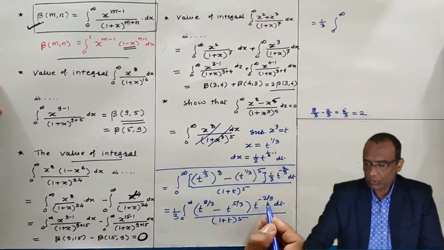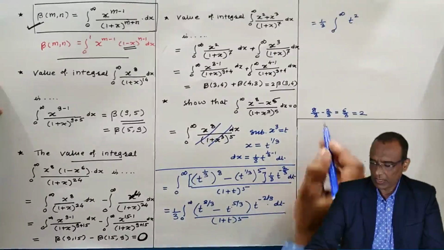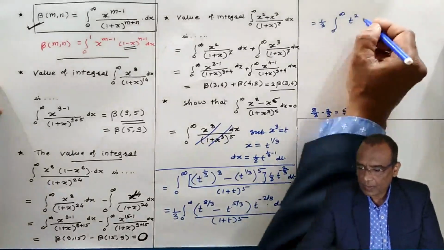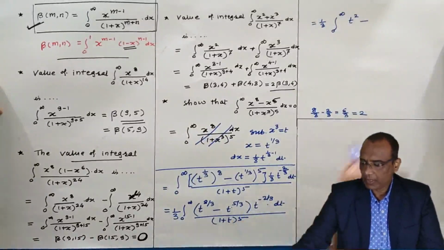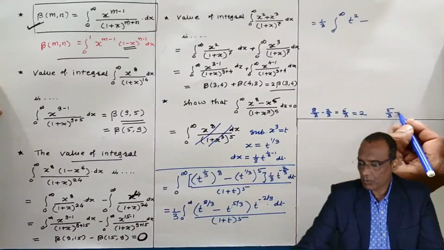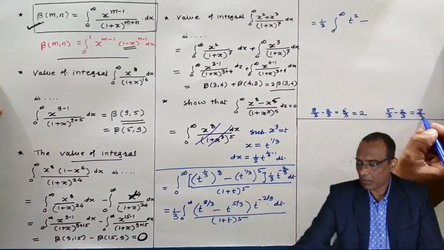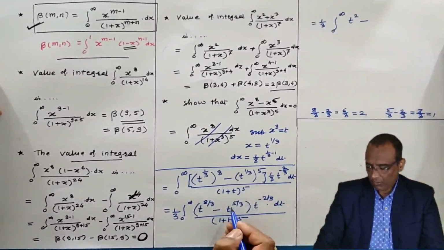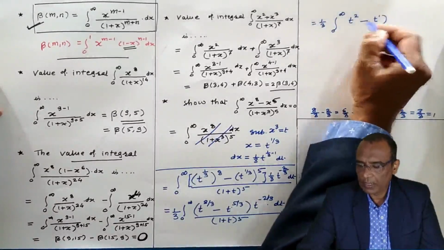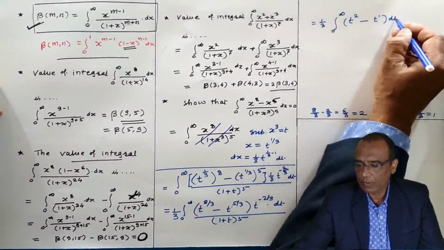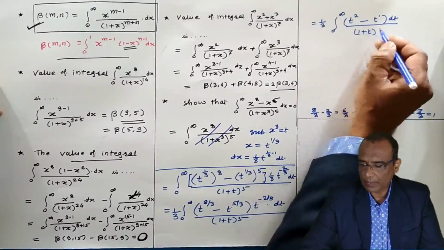This means the product of these two elements is t square. See here, like this, minus 5 by 3 minus 2 by 3. It is 3 by 3, meaning 1. Because if you have the product of these two terms, t is raised to power 1. dt is present, and in the denominator 1 plus t power 5 is already there.